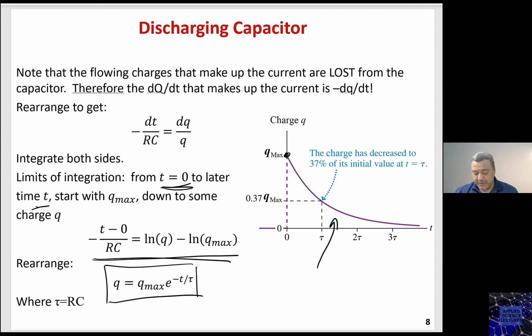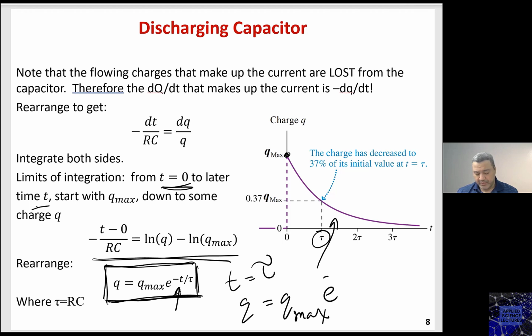Now, tau, we said, is called the time constant, and this is my function that describes the charge versus time. Now assume I want to calculate the charge after 1 tau only, which basically means substituting t with tau. This is going to result in q equals q max e minus 1.